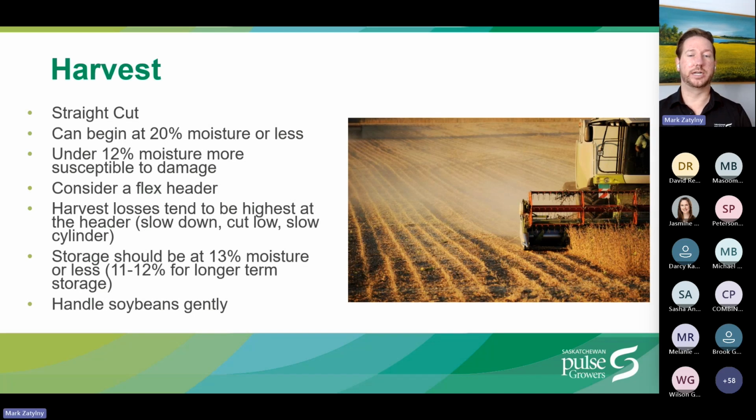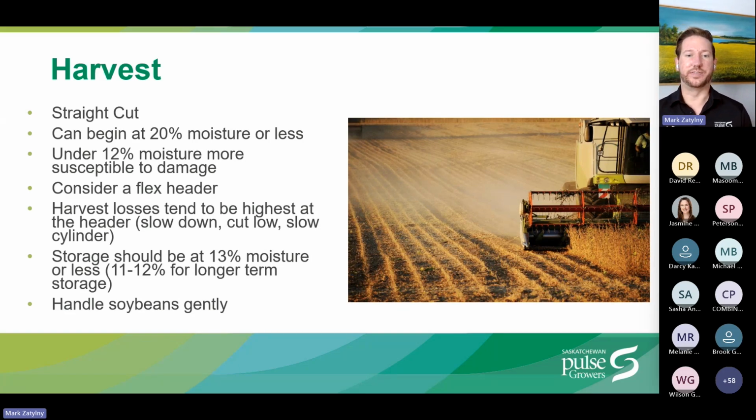When you're combining, one of the things to watch out for is you want to be quite gentle with them. You don't want them to get too dry because then as you go through the combine, there'll be shatter loss, the seeds will be splitting, and soybeans, as I've said, have a couple of sensitivity issues.